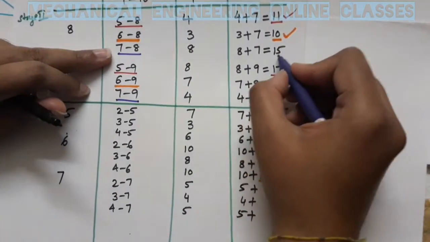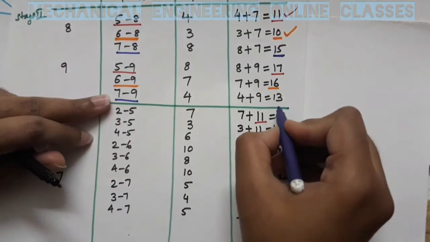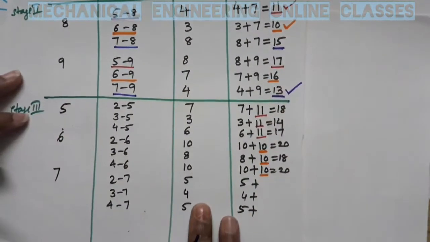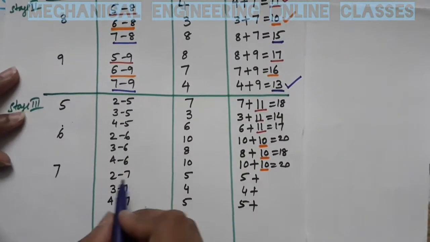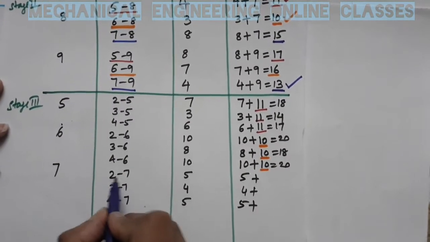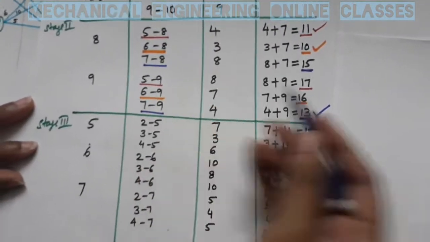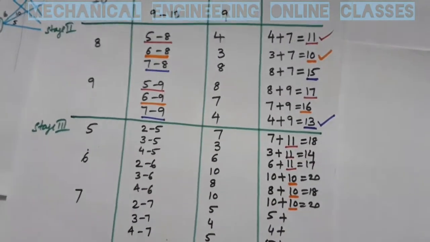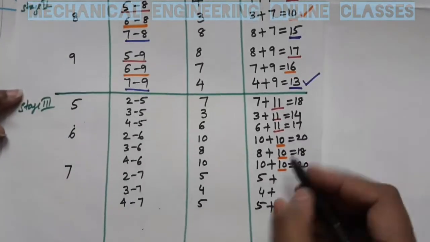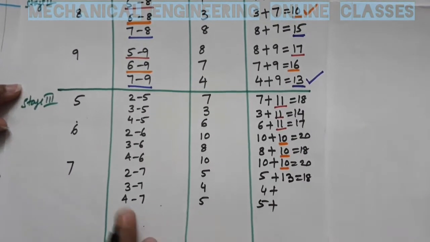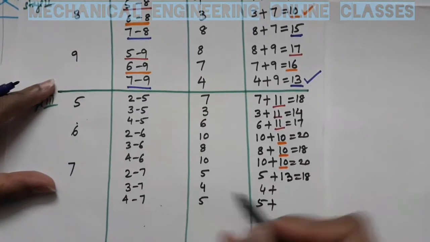So 7 to 8 total distance is 15, 7 to 9 total distance is 13, of which 13 is minimum. So if at all my path is 2 to 7, from 7 I have to go to 9 and then to 10, then I will have the minimum. So that is 13. So this is 18.